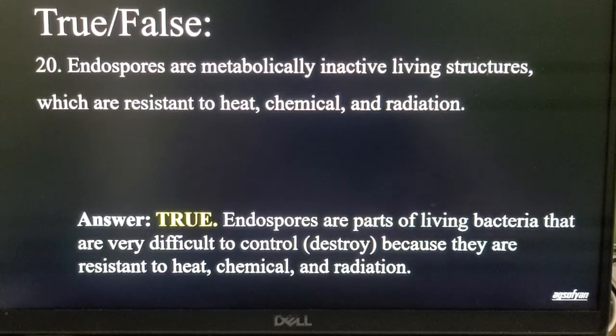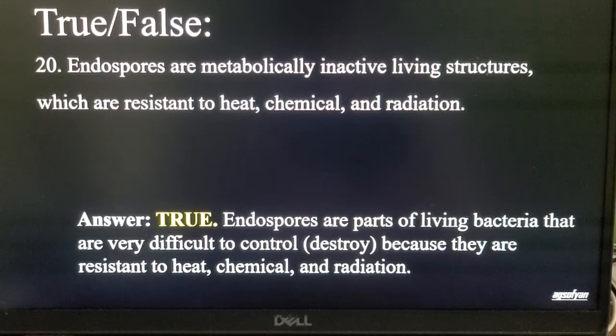Okay, so bacteria that are able to produce endospore, like Clostridium bacteria and Bacillus bacteria, produce endospores when the condition is not favorable for them to live. So this endospore is just like a dormant structure, the dormant structure that is produced by some bacteria.